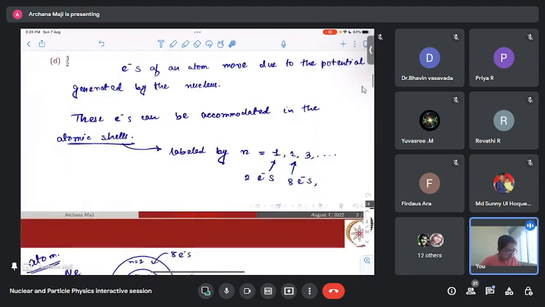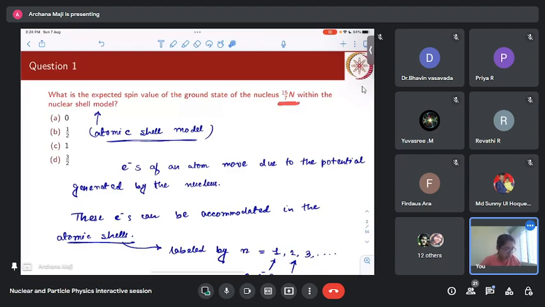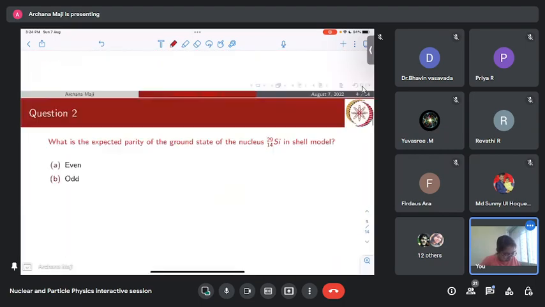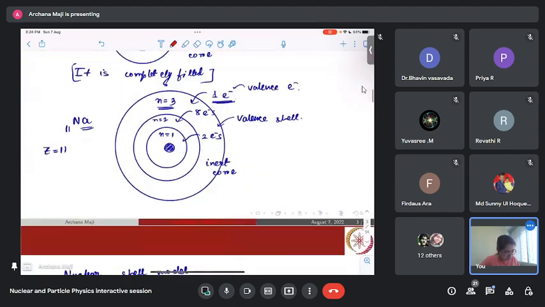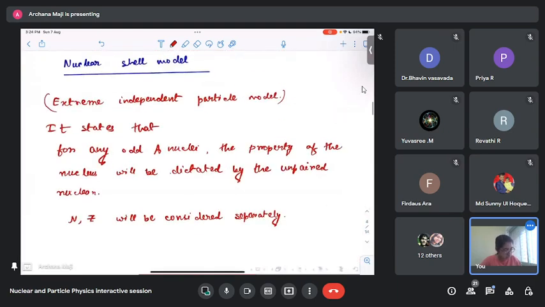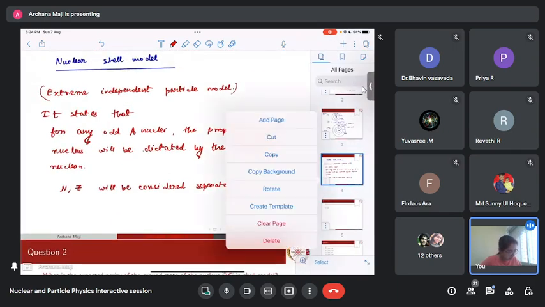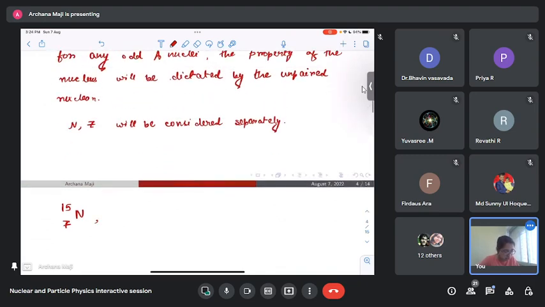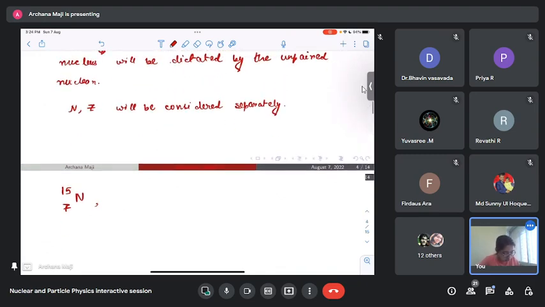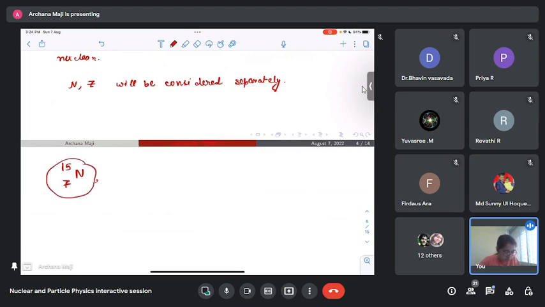So for the case under consideration, this particular nucleus, which particular nucleon are we supposed to consider? Since we will be dealing with the unpaired nucleon, for this particular nucleus, are we supposed to consider neutron or proton?